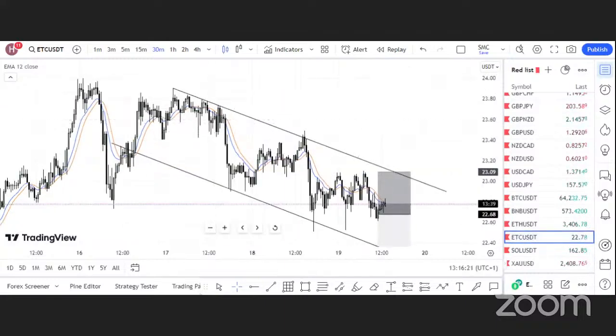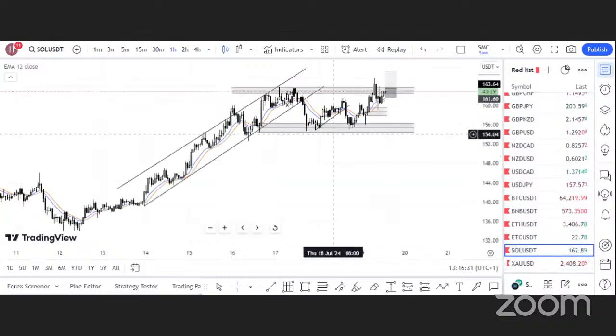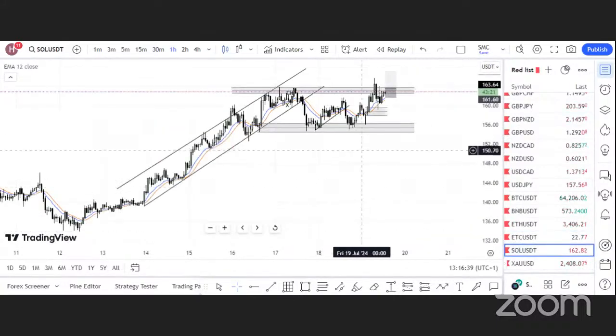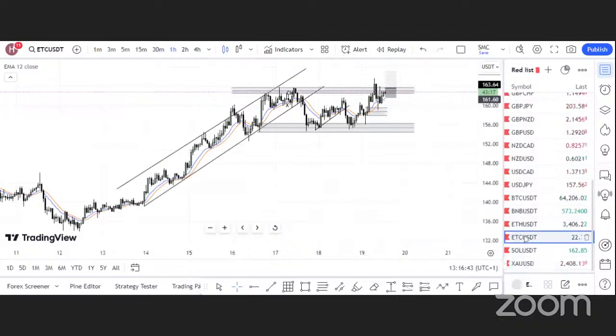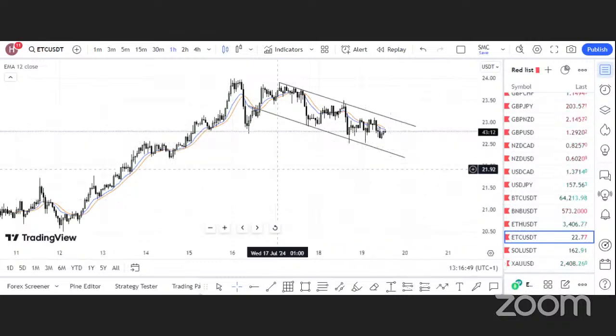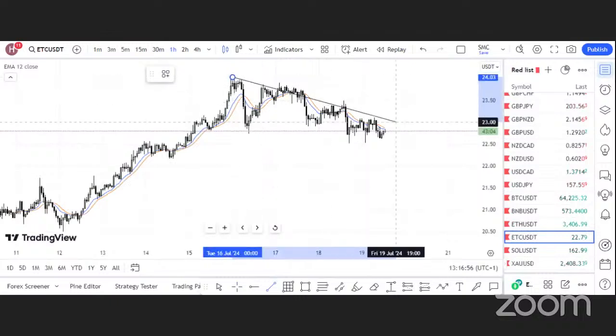Okay, yeah, I think ETC is a bit faster than Solana. Or Solana is a bit faster, rather. Okay. All right. So I think ETC is a bit faster than Solana. All right. It's a bit faster, but they kind of have similar moves. Let me delete the previous analysis. Let's make a fresh analysis.